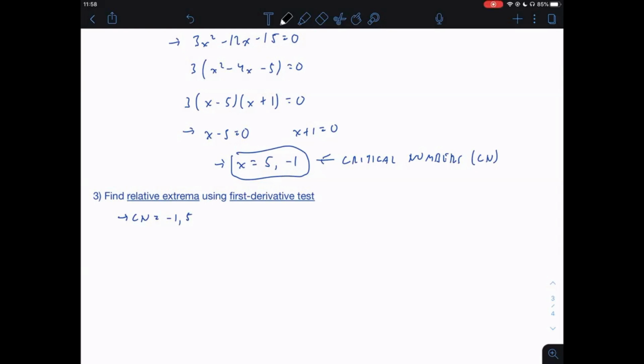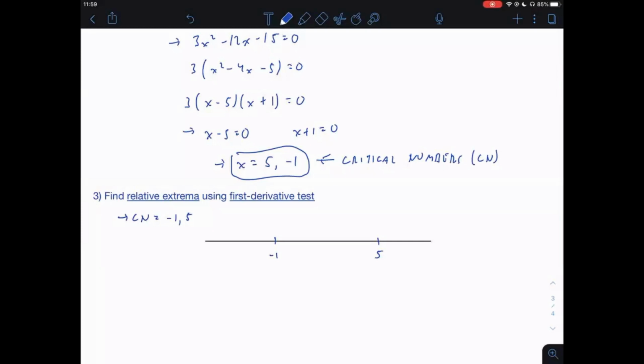That's a little crooked. Let me redraw that. Okay, so draw a number line. And the first thing we do on this number line is draw the two critical numbers that we found. The spacing doesn't matter too much. Just draw them in ascending order. So here we'll have -1, and here we'll have 5.